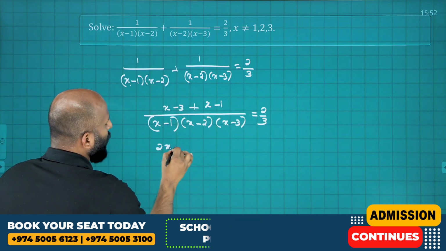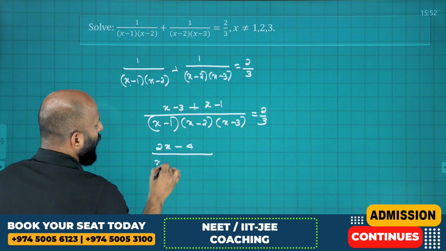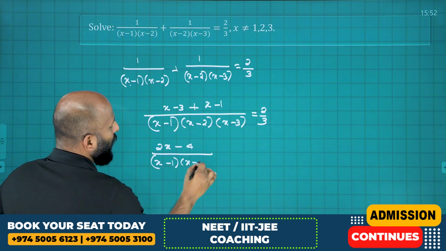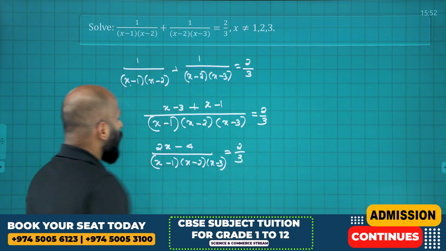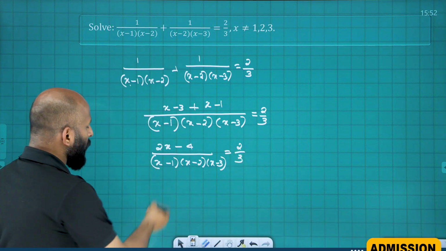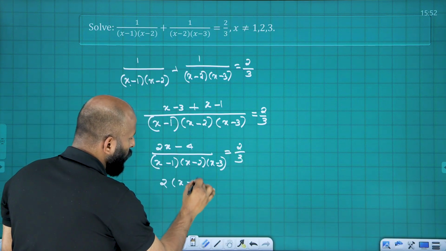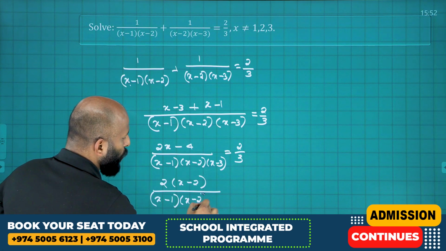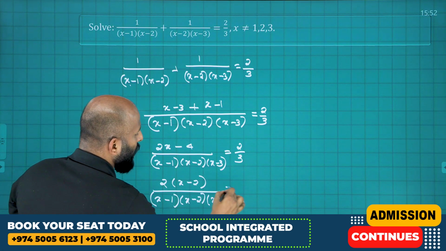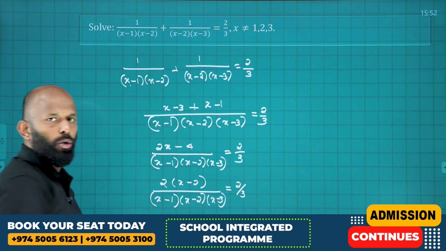Now we'll get (2x-4)/((x-1)(x-2)(x-3)) = 2/3. Now we can take 2 common from the numerator: 2(x-2)/((x-1)(x-2)(x-3)) = 2/3.